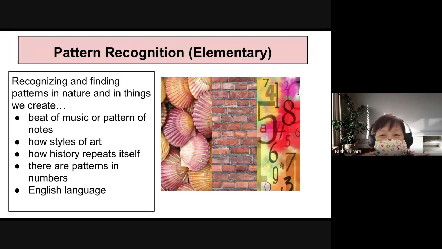So if you think about it, all around us, whether it's something that is created or something that's just formed in nature, or the books we read, the numbers we work with, the stories we tell, they all tend to have patterns. And even dance steps or when you string up beads with students and building blocks, those are great opportunities to talk about pattern recognition and use that vocabulary, whether it's decomposition or pattern recognition, abstraction.